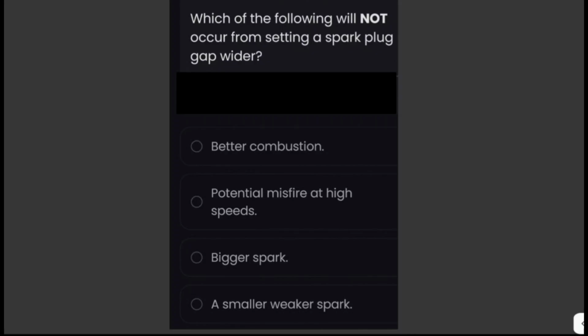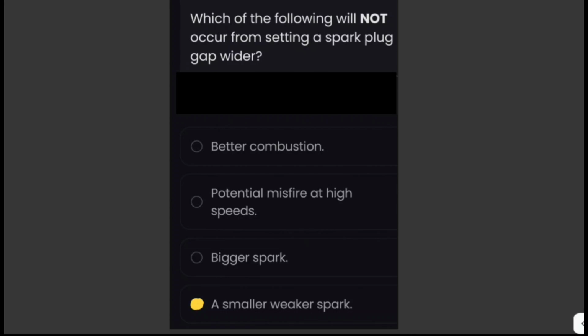Which of the following will not occur from setting a spark plug gap wider? Better combustion, potential misfire at high speeds, bigger spark, or a smaller, weaker spark? The answer here is a smaller, weaker spark. A wider spark plug gap will result in a bigger spark.